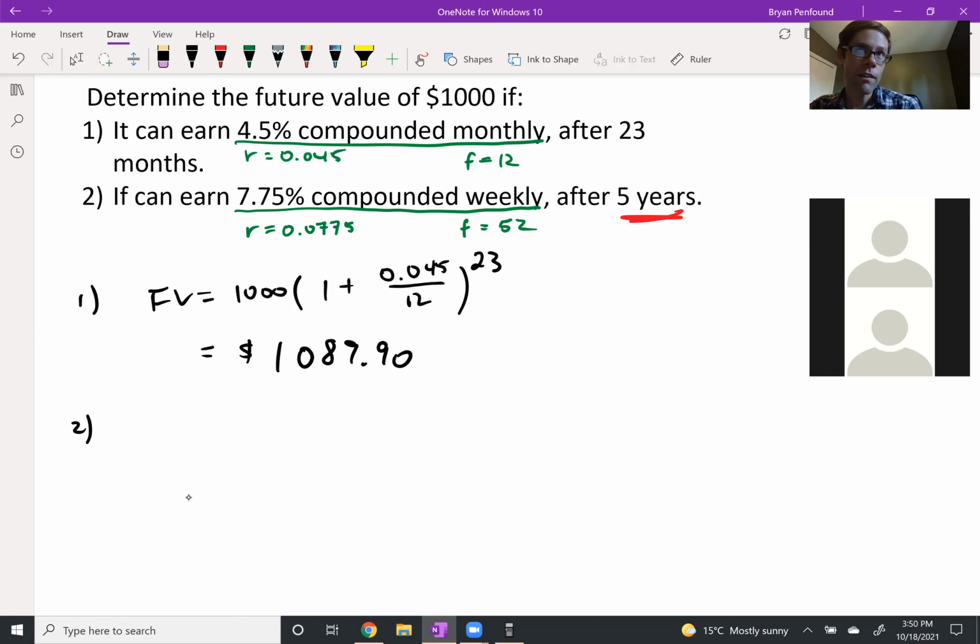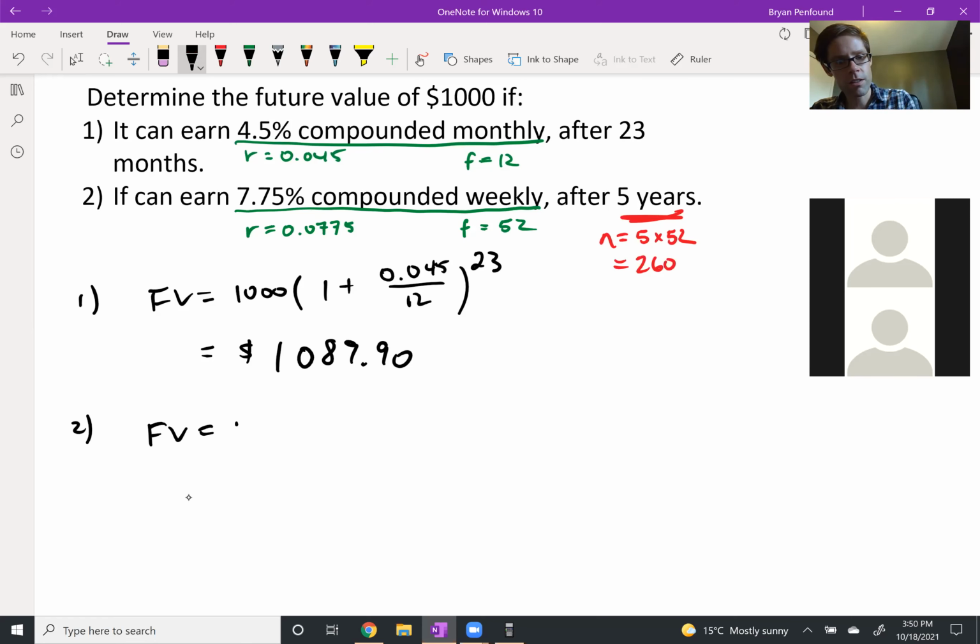So how do I figure out what n is if I'm earning interest every week for 5 years? Yeah, so n is equal to 5 times 52. Is that 260? That's 260. So that's what we need to use for n here.